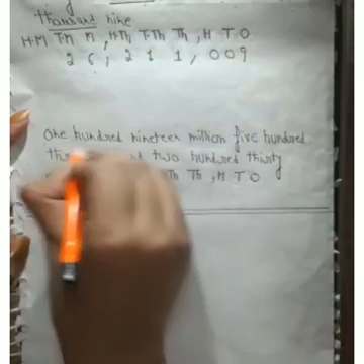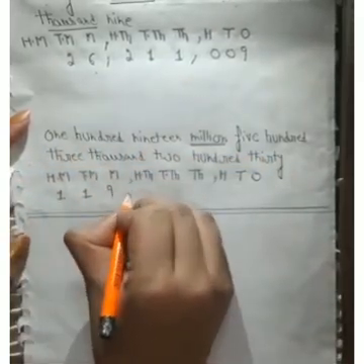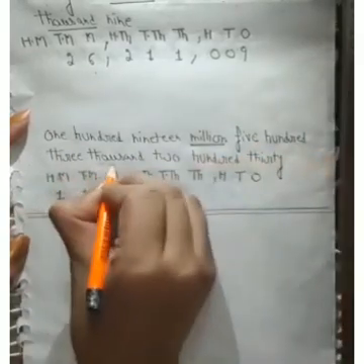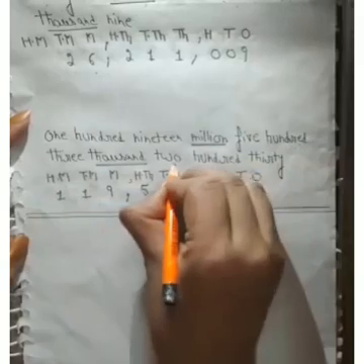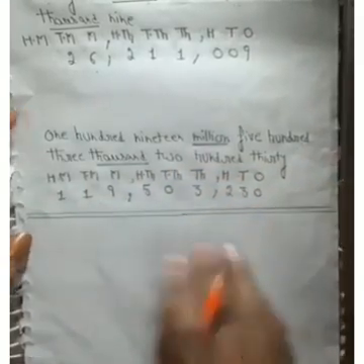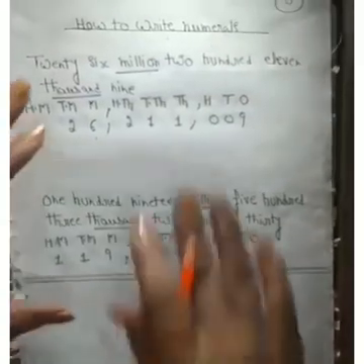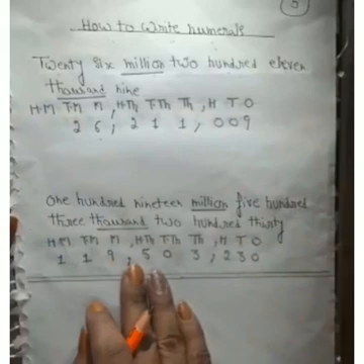The number is 119 million, comma, 503,000, 503,230. So, dear students, this was all about the Indian system of numeration and the international system of numeration.